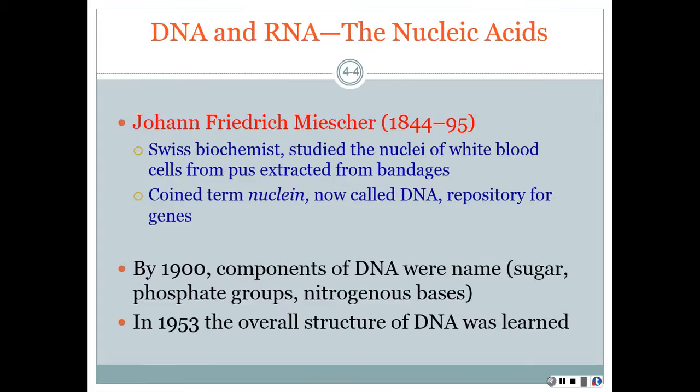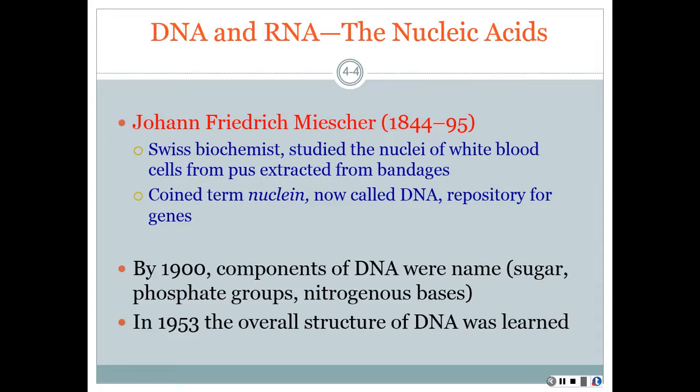Now, when we look a little further, there are a number of scientists, but this is a Swiss biochemist who studied the nuclei of white blood cells extracted from pus on used hospital bandages, and later the nuclei of salmon sperm. Since both cell types offered large nuclei with minimal contaminating cytoplasm, both were utilized.